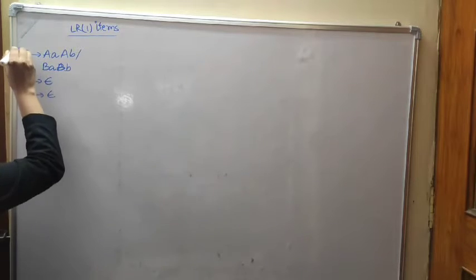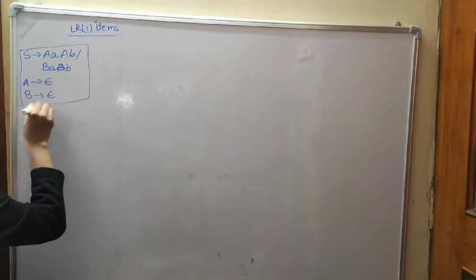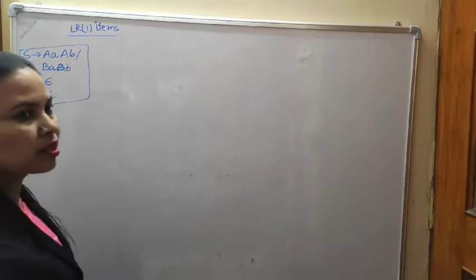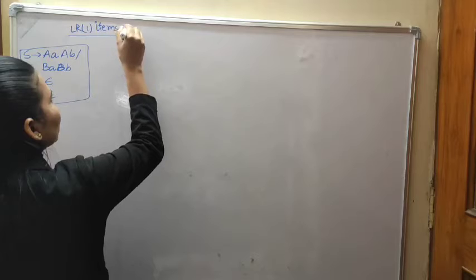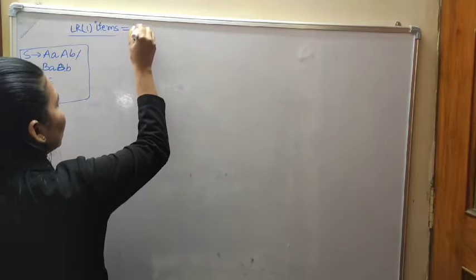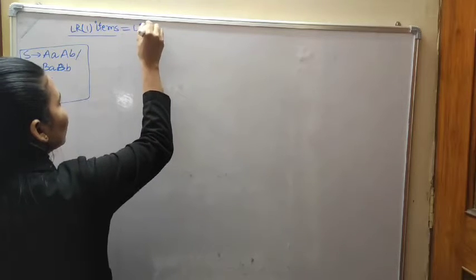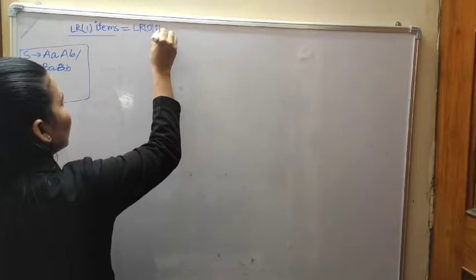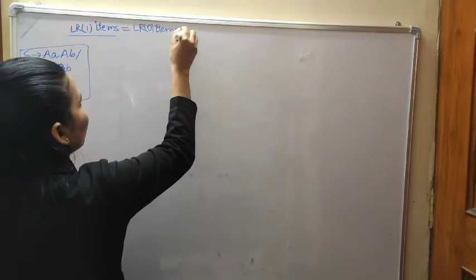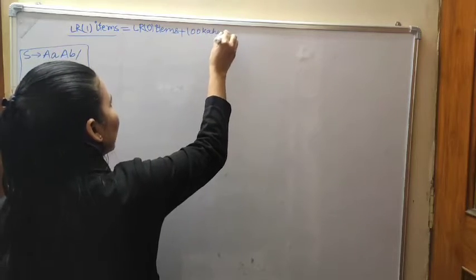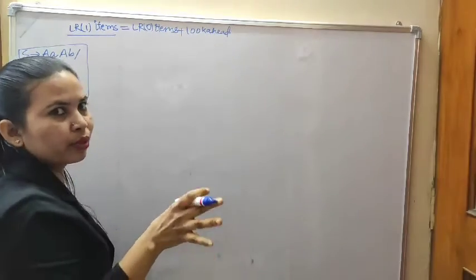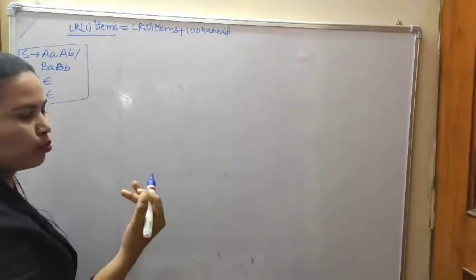This is the actual grammar. Now we will augment it because in the parser we augment it. Okay, and LR1 items, I already told you, are equivalent to LR0 items plus look ahead. Here we will see the look ahead. We will not move anywhere else. We will check the look ahead and go to that place.